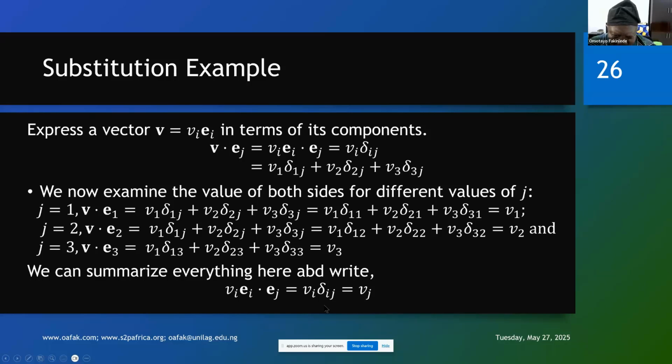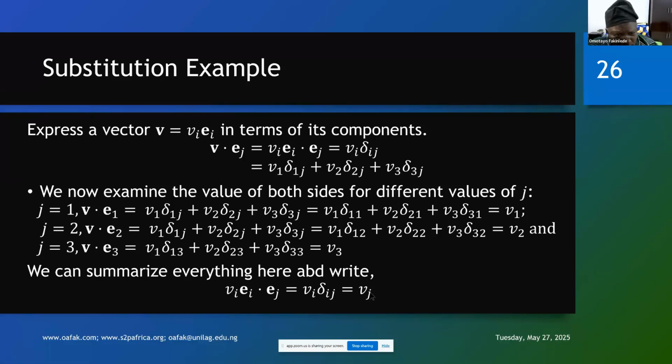But if you look at what happened in the last equality, you will see that what simply happened is that because the delta has an index that V does not have, it substitutes it for the one that V has. That is how the Kronecker delta behaves.